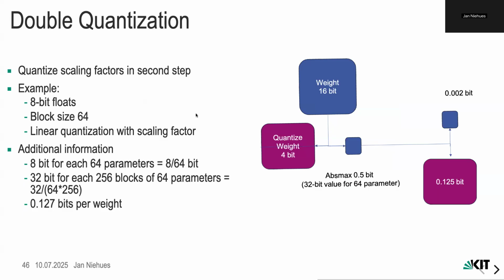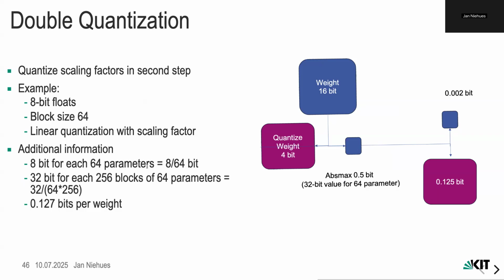This is done in QLoRA. For 256 blocks, you're storing the 32-bit float again, but for each block you're only storing 8-bit. So you're not going down as much, because the scaling factors might need to be wider. What does it mean? In addition to our 4-bit, we now have 8-bit for each of 64 parameters.